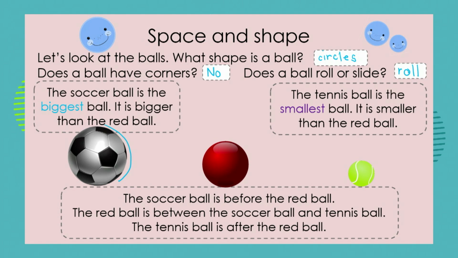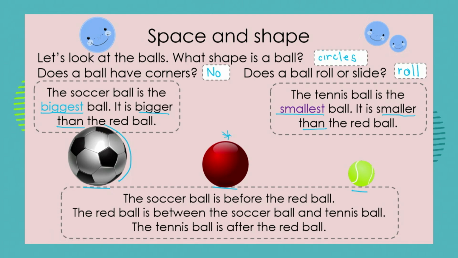Let's see some of the space words that we can use when talking about shapes. The soccer ball is the biggest ball. It is bigger than the red ball. So the soccer ball is bigger than the red ball. The tennis ball over there is the smallest ball. It is smaller than the red ball.